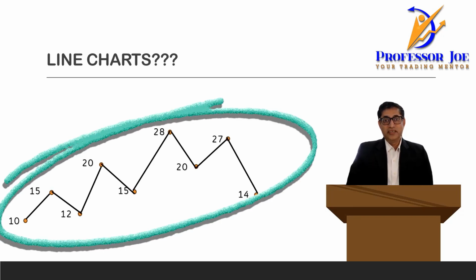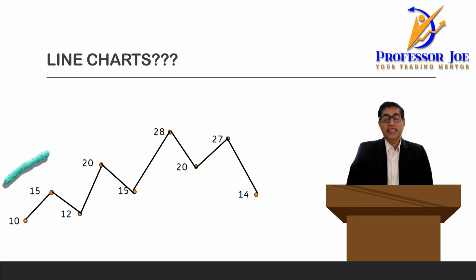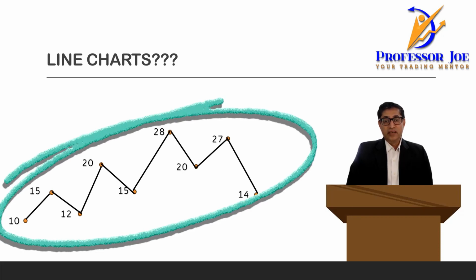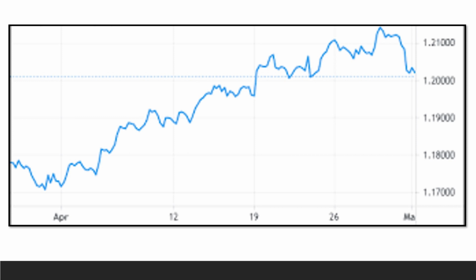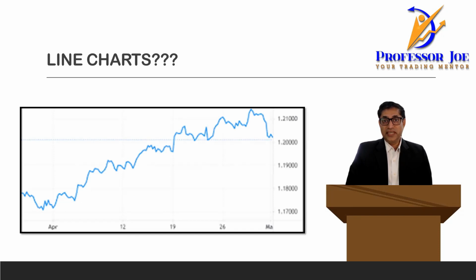So this is how a line chart is created. And when thousands and millions of such points are connected using a line, the chart looks something like this. So this is called a line chart.